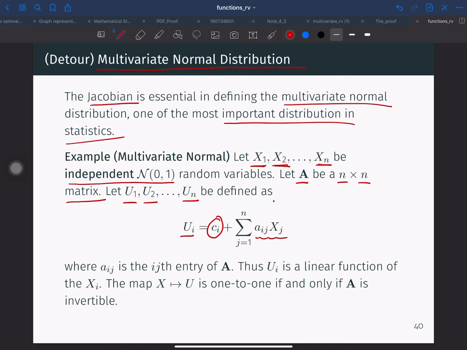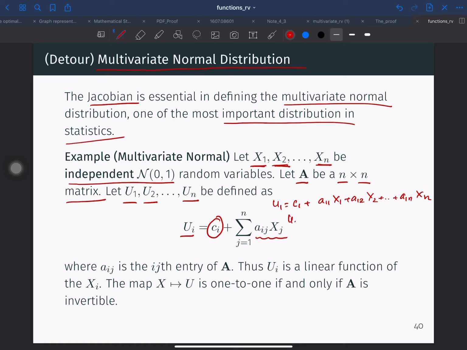So for example, u1 is c1 plus a11 x1 plus a12 x2 plus up to a1n xn.